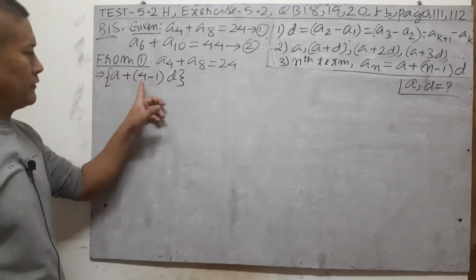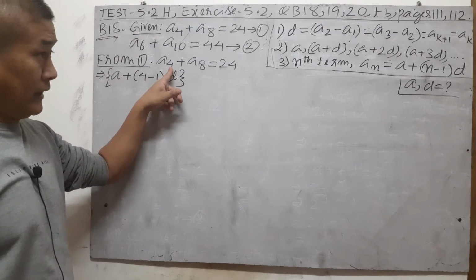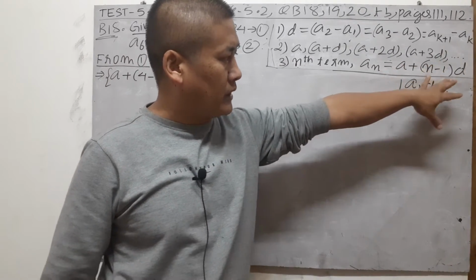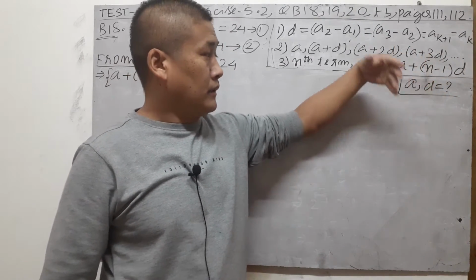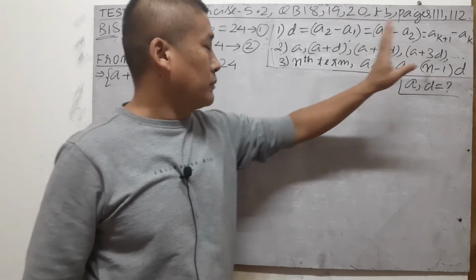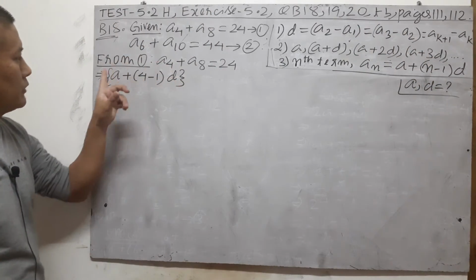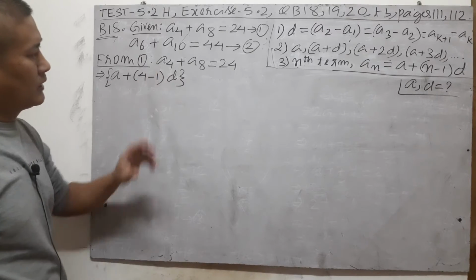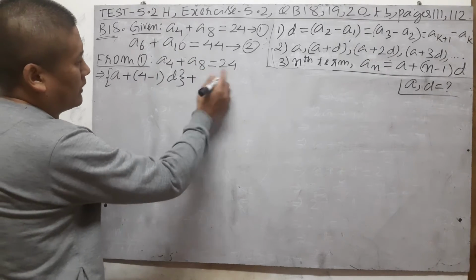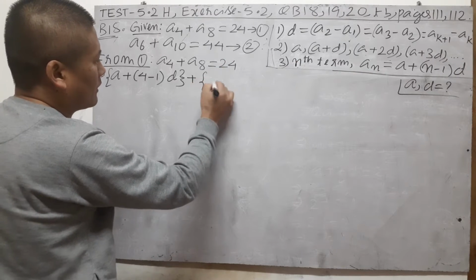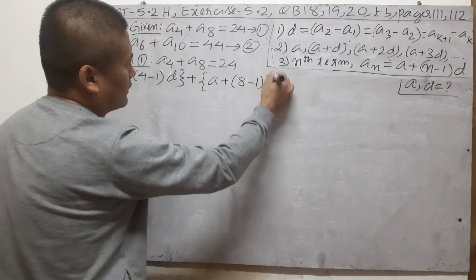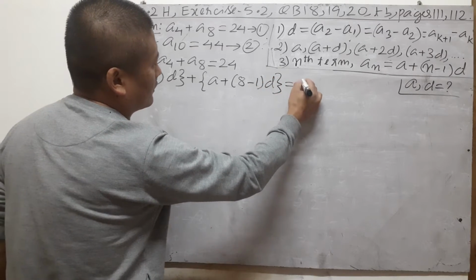N minus 1 here is 4 minus 1 because the specific value of n is given here. Using the same reasoning, A4 will therefore be A plus 4 minus 1 into D. Similarly, A8 using the same formula, A plus 8 minus 1 into D will be equal to 24.